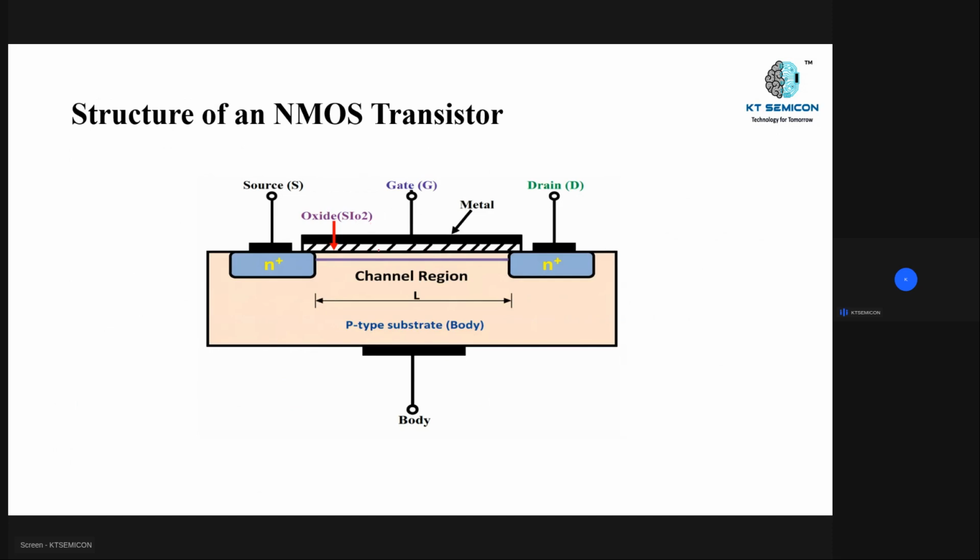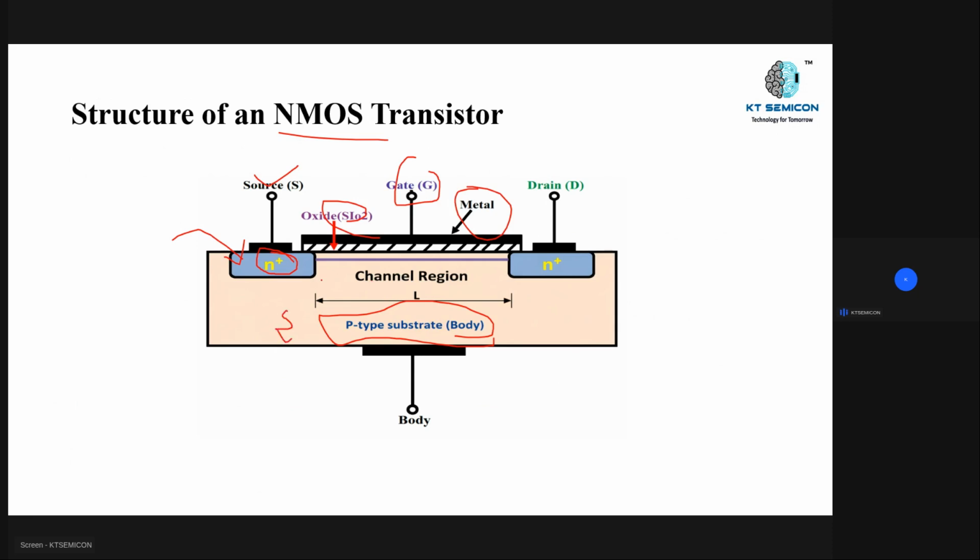Okay, this is one basic NMOS transistor. I just want to construct an NMOS transistor, right? That's why I select a P type substrate. Here we have one terminal as source, doped with pentavalent impurities, because I just want to make an NMOS transistor. Here we have the gate, this is my metal oxide, and this is my substrate.